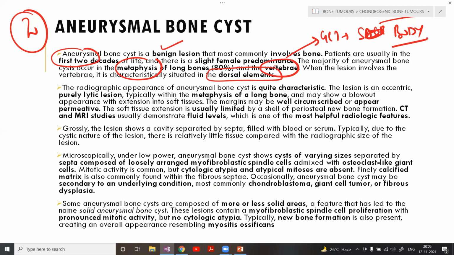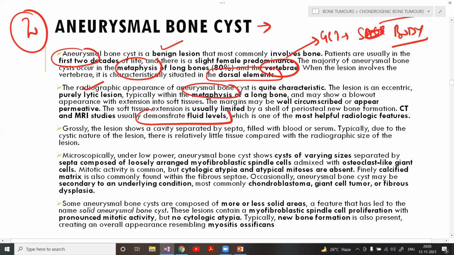Now, very important: this is also a purely lytic lesion, but what differentiates it radiologically? The metaphysis. One very important, specific point for ABC, not usually seen on a normal X-ray, is that on CT or MRI you will see multiple fluid levels because they contain fluid.